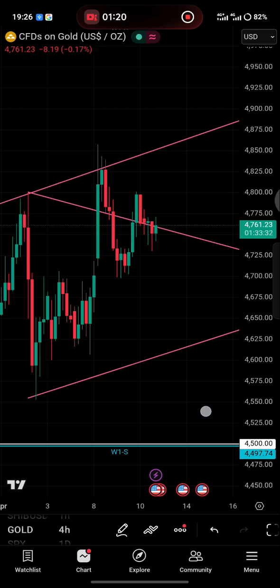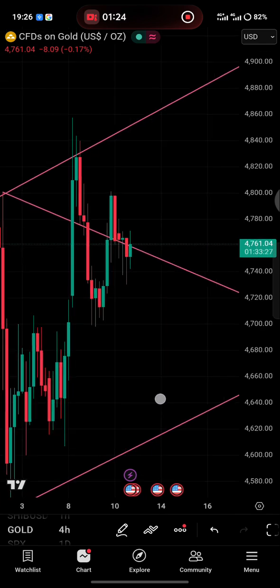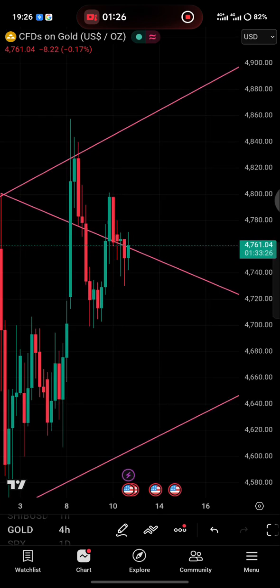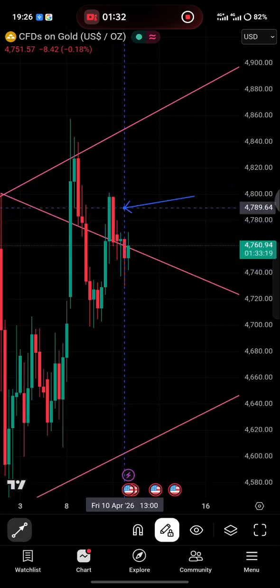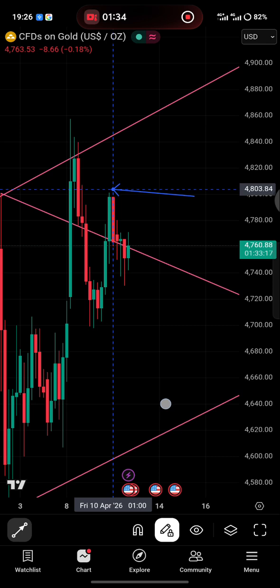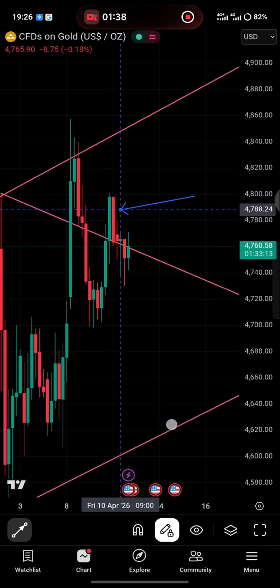Okay, so right now, as we can see, the price action on the 4 hours chart is bearish. Where is it bearish? It is bearish from this reversal over here, because this is a bearish reversal, or we call it a bearish price action, correct?